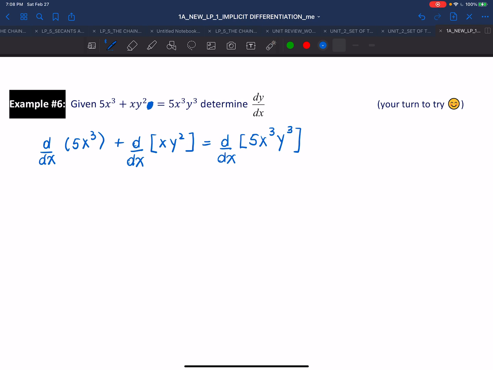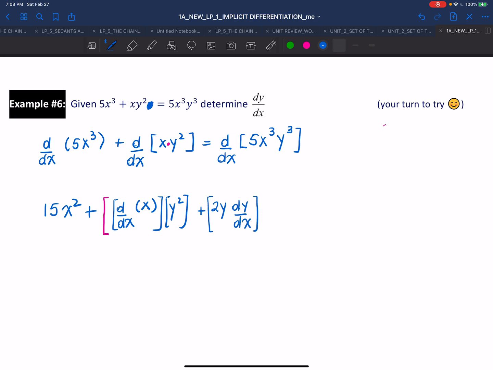So that means we have 15x squared plus. Now notice that here we have product rule, which means that we have the derivative of the first factor multiplying the second factor, which is y squared, and then plus the derivative of the second factor, which is 2y dy dx, and that multiplied by x, which is the first factor.